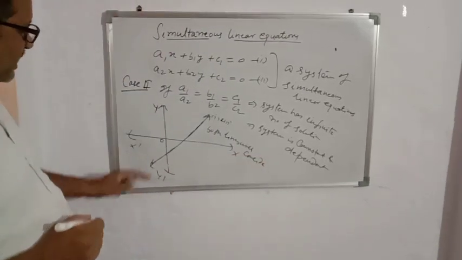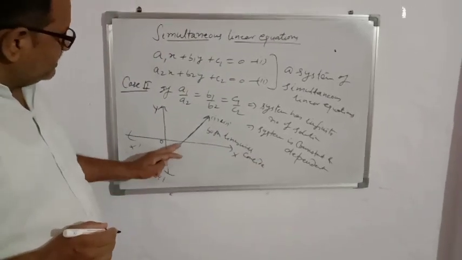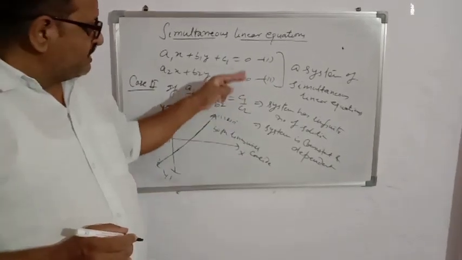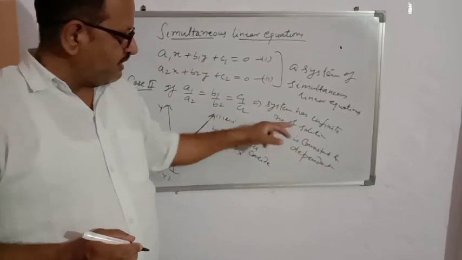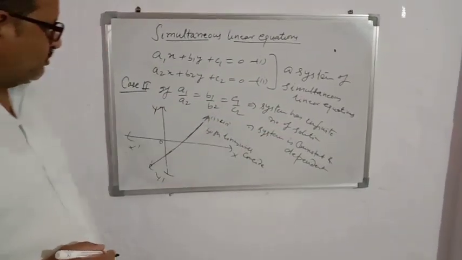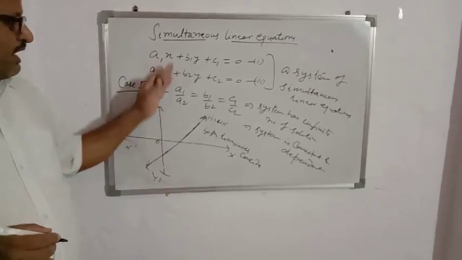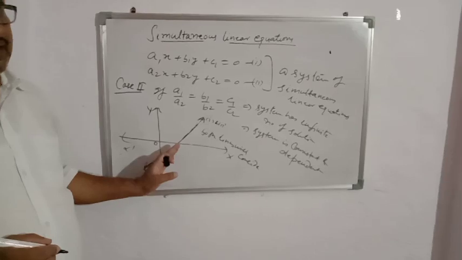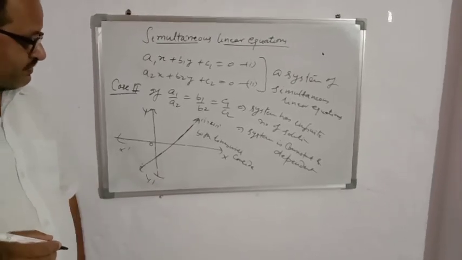Both lines will touch at an infinite number of points. So we can say that the solution of these two equations will be infinitely many solutions.